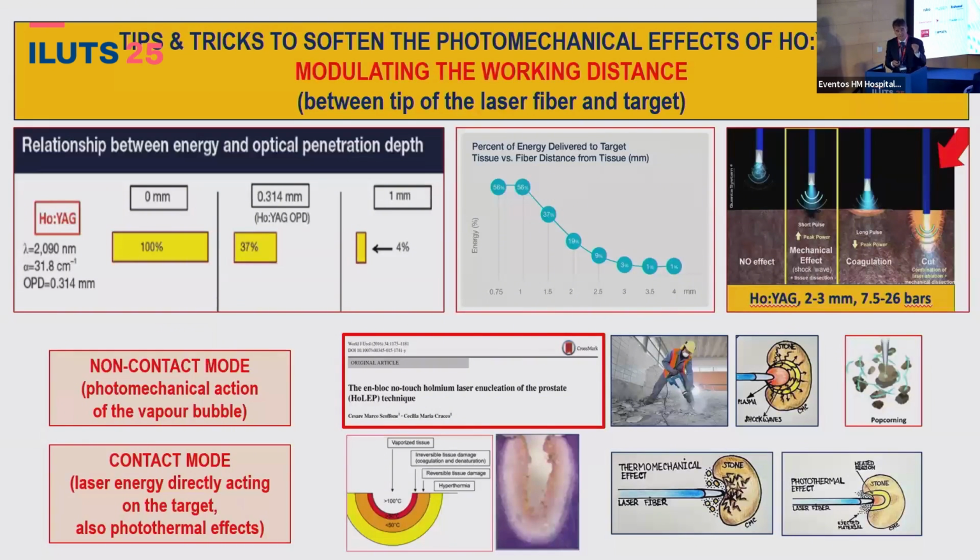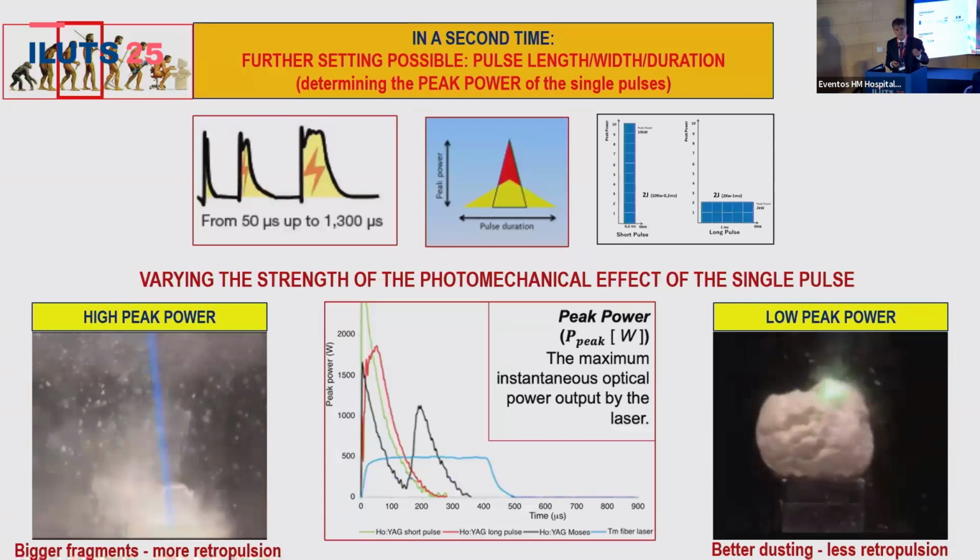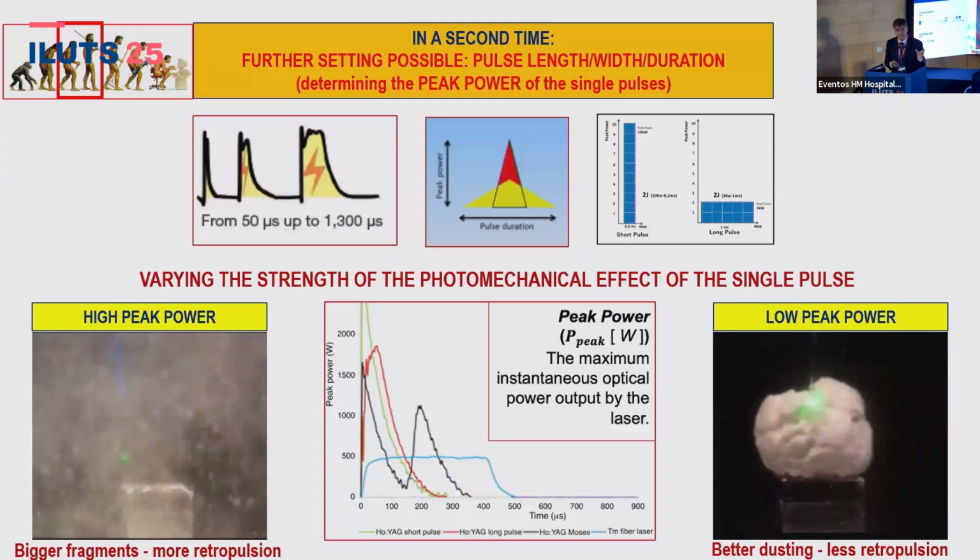And also for the stone, you can use this in the contact mode, but when you use this in the contact mode, you are using the water that is inside the stone to make this explosion inside. And when you are using no contact mode, you are using this bubble that is created on the tip of the fiber. And as you can see here, you can have different peak power, and this is the third parameter that in the last 10 years we are using.